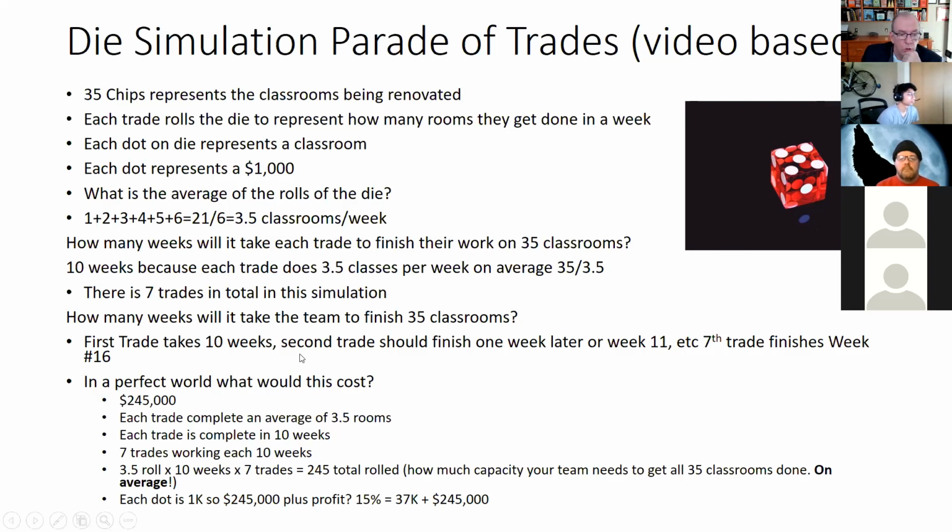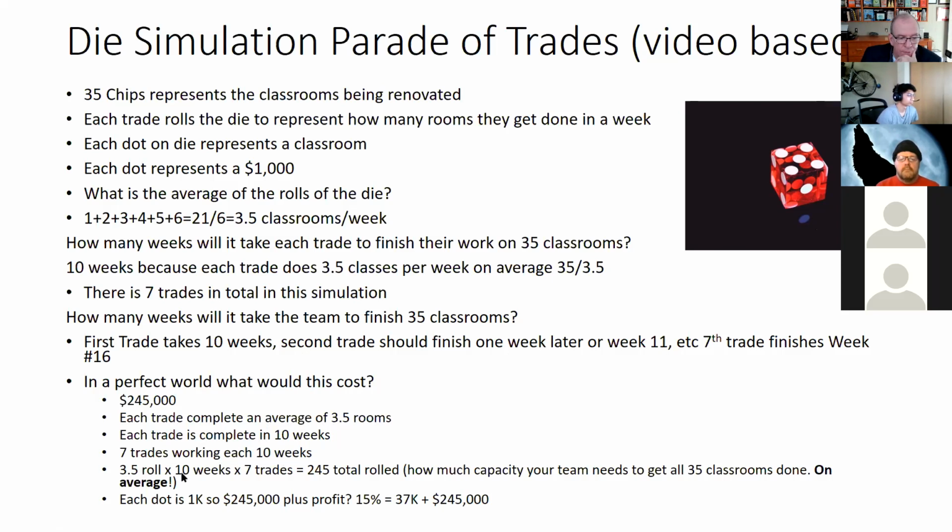So in a perfect world, and it's $1,000 for each room for each trade, we would have 3.5 rooms per week. Each trade completes in 10 weeks, 7 trades working 10 weeks.